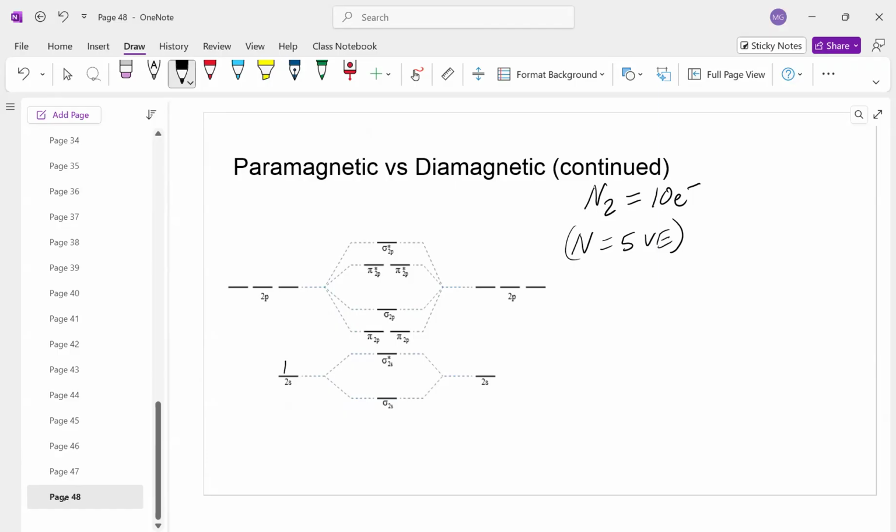Okay, so if I put 5 electrons in here for nitrogen, 1, 2, 3, 4, 5, and 1, 2, 3, 4, 5. I'm going to put those now in the molecular orbitals. So 10 electrons. 1, 2, 3, 4, 5, 6, 7, 8, 9, 10.